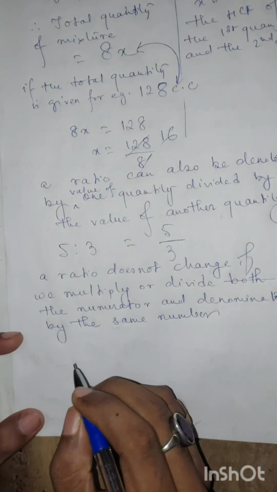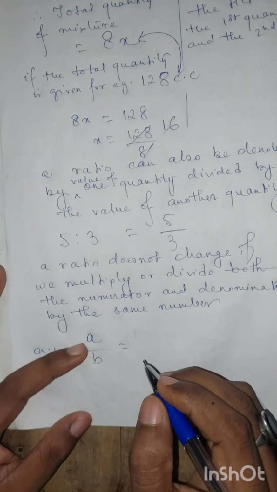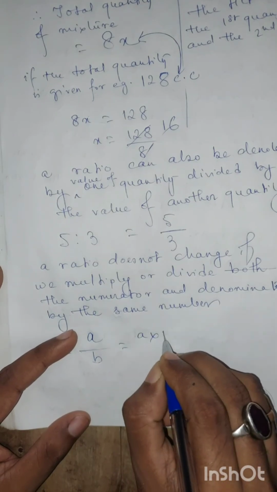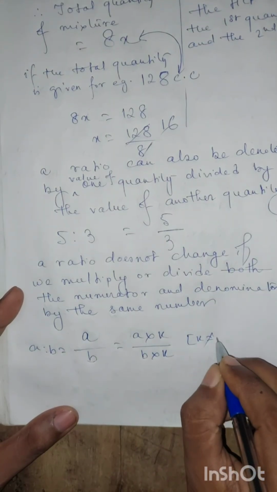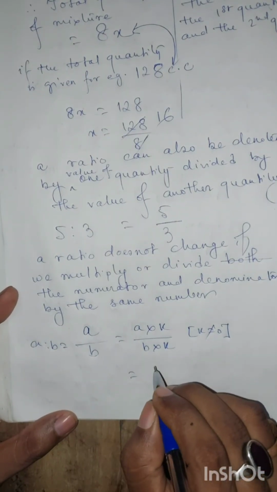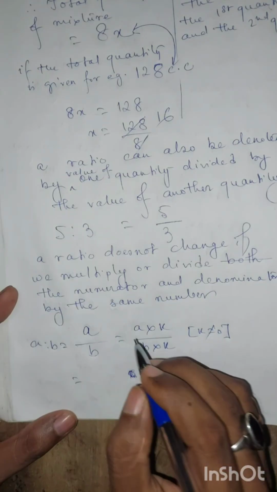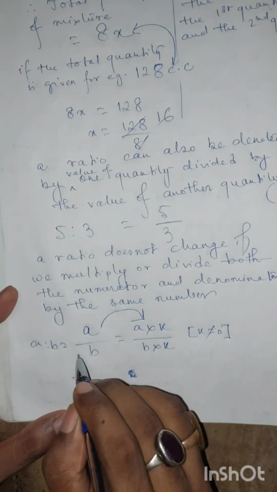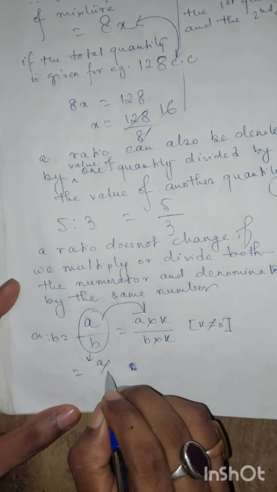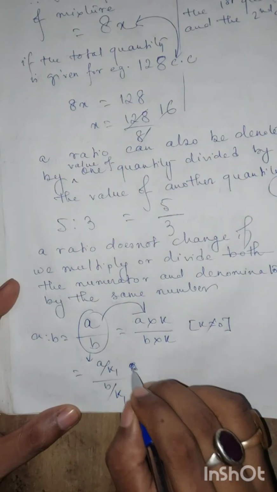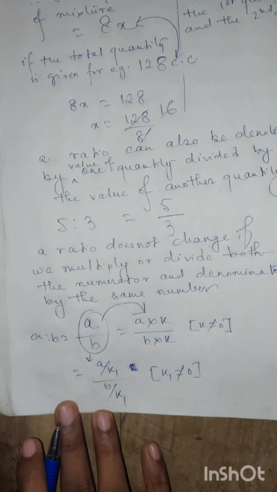That means A by B, if we multiply the numerator and denominator by K, the ratio remains same where K is not 0. Or if we want, we can divide this ratio, so from this to this can be written A by K1 over B by K1, where K1 is a non-zero constant. So the value remains same.